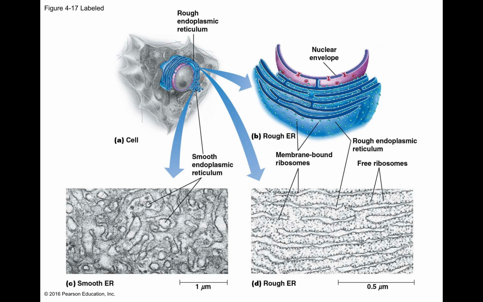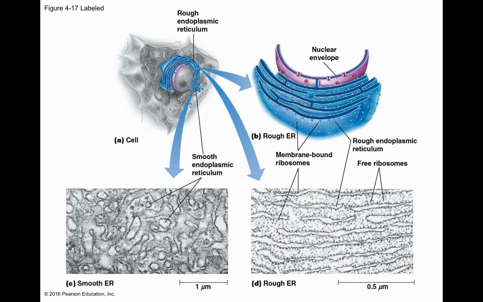So any protein that is going to be part of an organelle, or is going to be membrane bound protein, or is going to be exported out of the cell, like all of the protein hormones that come from, say, your pancreas cells or your fat cells, and exported into the blood. All of those were made on the rough ER. The only proteins that are made on the cytoplasmic ribosomes are proteins that stay in the cytoplasm.